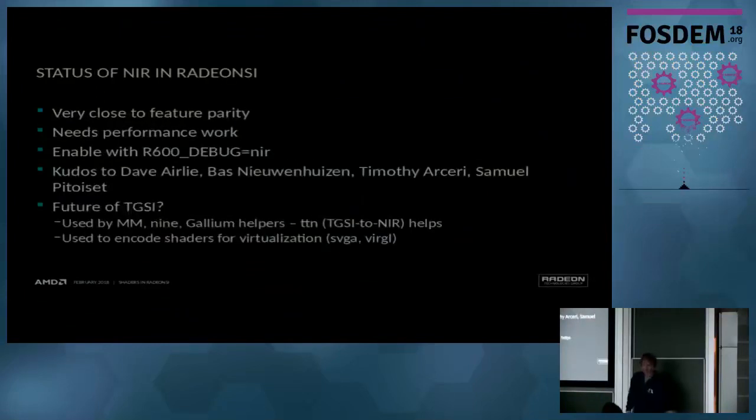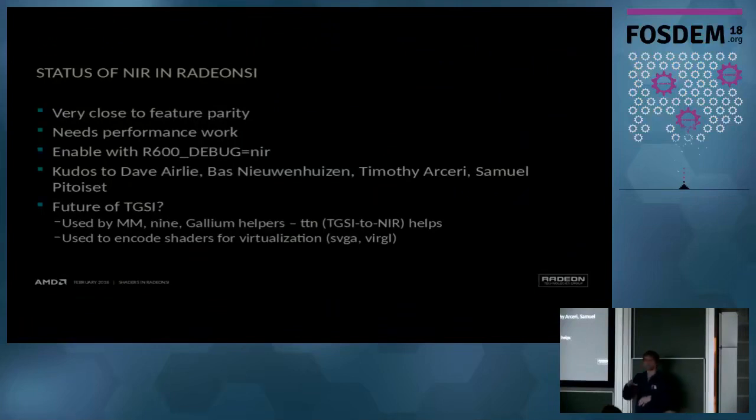So I don't want to talk much about how this transition is happening. It's actually very far along already. Thanks to a lot of hard work by some people, it's very close to feature parity with the default TGSI path. We've seen recently that maybe the performance isn't up to par yet. We need to work on that. But we're quite far along.